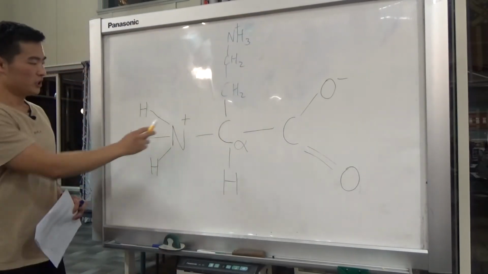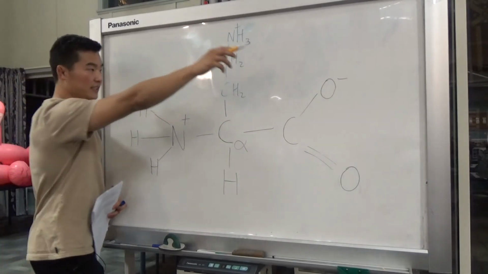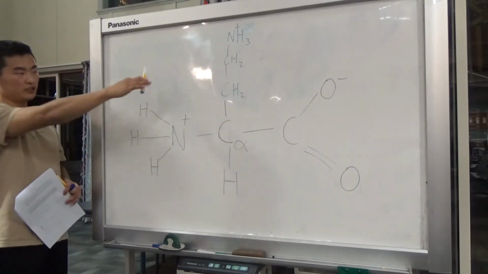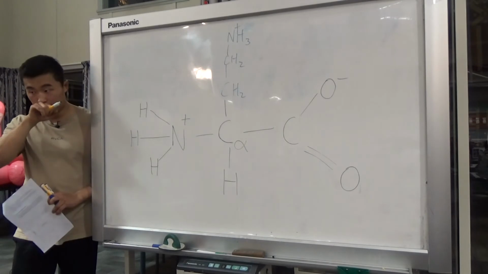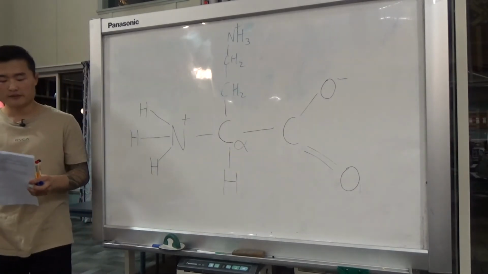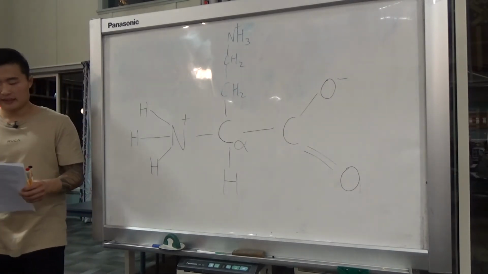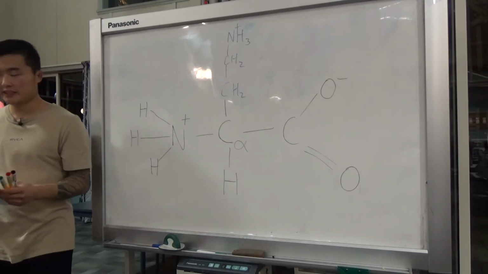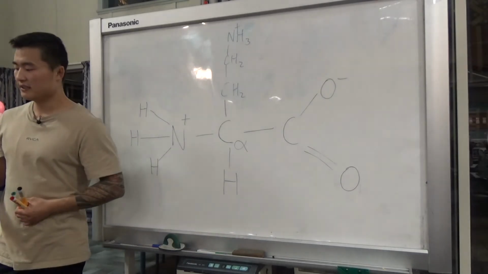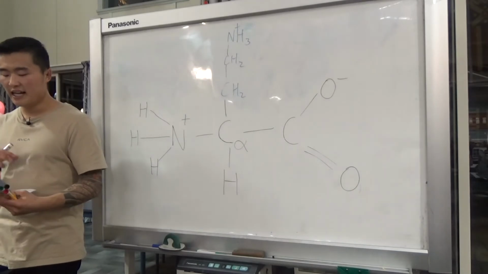So if you have a positive charge here, a positive charge here, and a negative charge here, there's two positive charges and one negative charge, so it's going to be net positive. And because it's polar, it's going to be found on the surfaces of proteins rather than the inside.